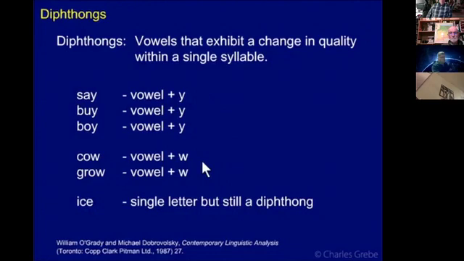If you remember your ABCs, when they first taught you the alphabet in grade school, and then told you what the vowels were, they often said the vowels in English are A, E, I, O, U, and sometimes Y. It always frustrated me because they never said why Y is a vowel sometimes, but maybe this is part of it. Here, it is functioning somewhat like a vowel. It is together with a vowel forming a diphthong, and here W is doing the same thing.